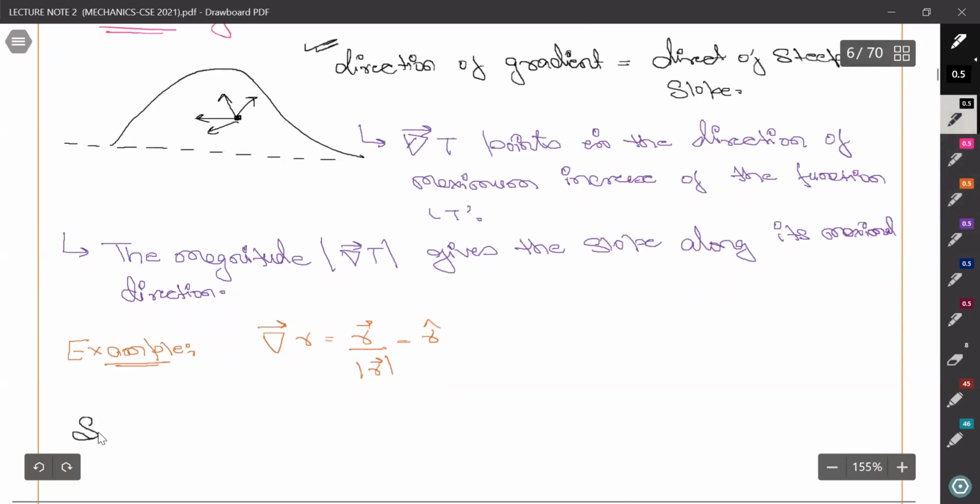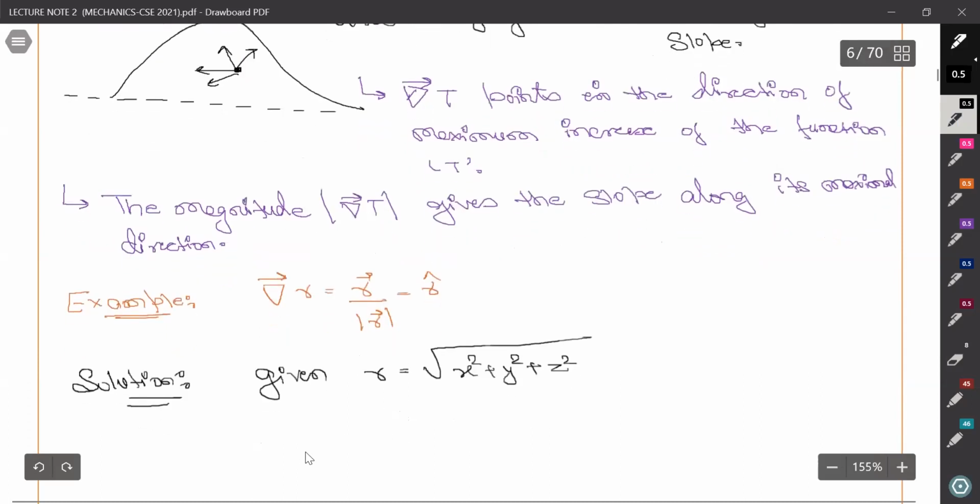What we are given is this relation: r is not a vector, it is a scalar function, the square root of x square plus y square plus z square. R is a scalar quantity, and this is the magnitude given here. So we need to find the gradient of r.